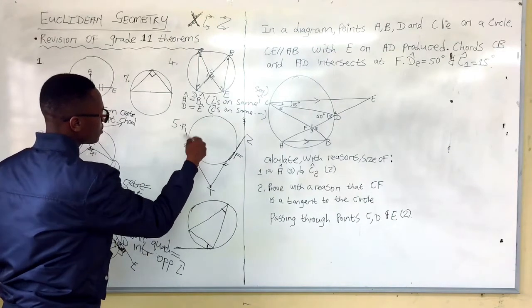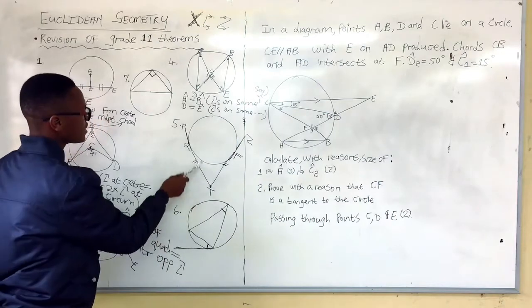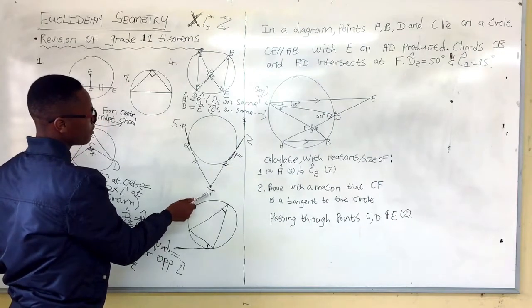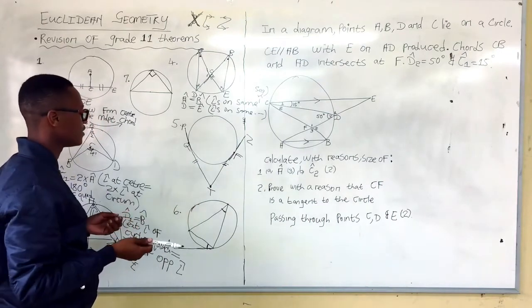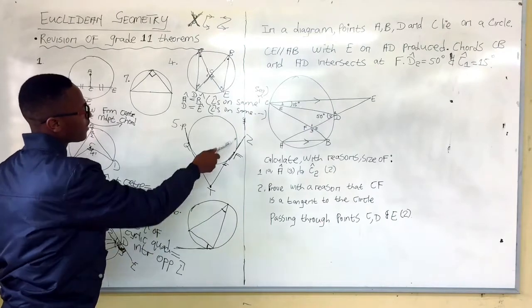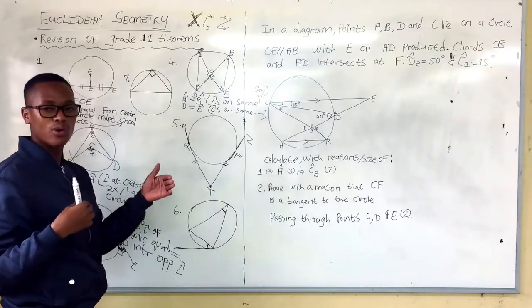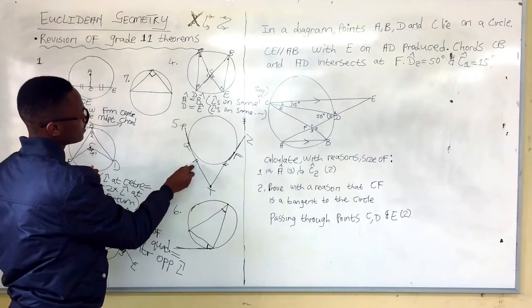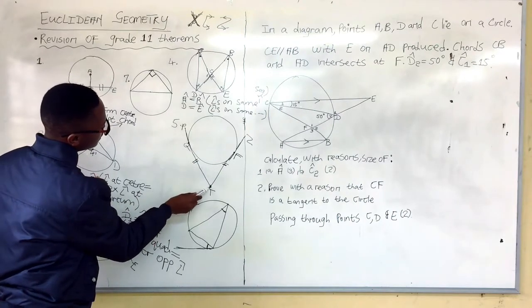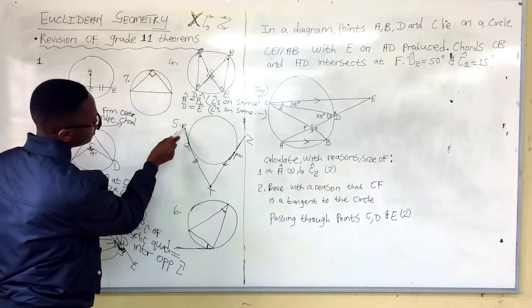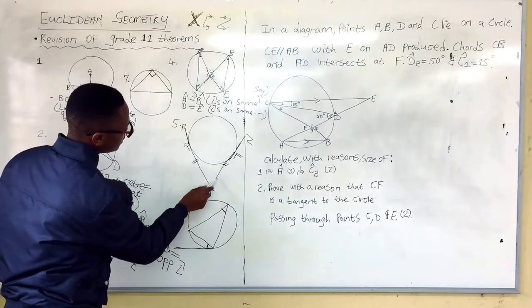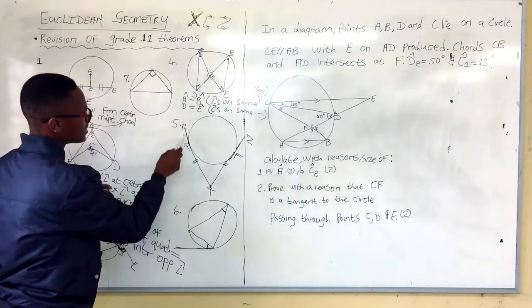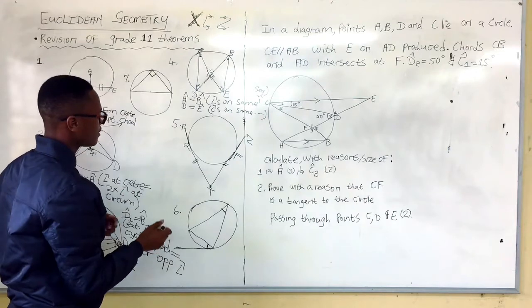We can see that these tangents come from a common point, which is T. This theorem says that the tangents drawn from a common point, externally, are equal in length. It means their length is equal. That's why we have these signs. From here to P, TP is equal to TZ because they are tangents from an external point.